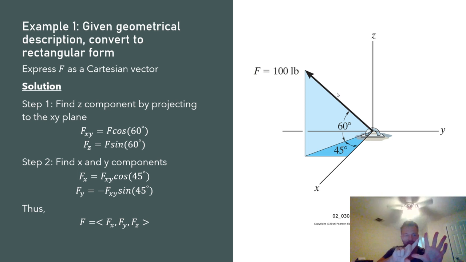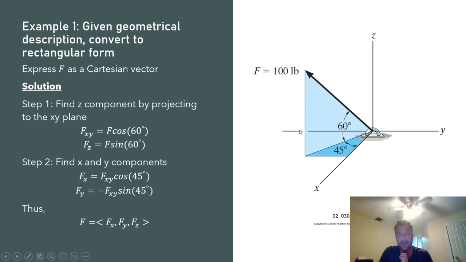So if there were 100 units of force along the hypotenuse, if you were to decompose it into a component which was perfectly vertical or aligned with the z-axis, and one of which was in the XY plane, you could use your right triangle trigonometry and notice that this 60-degree angle, the z component, is opposite of that angle. So naturally, the sine of 60 degrees is going to be this side length divided by the hypotenuse, remember SOHCAHTOA.